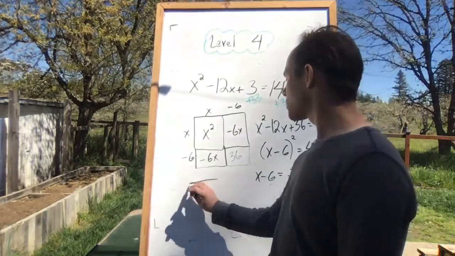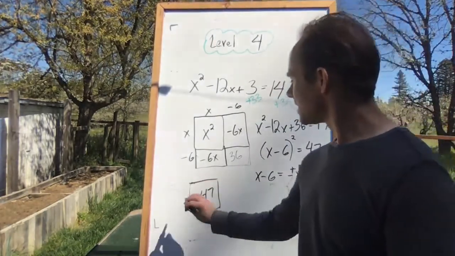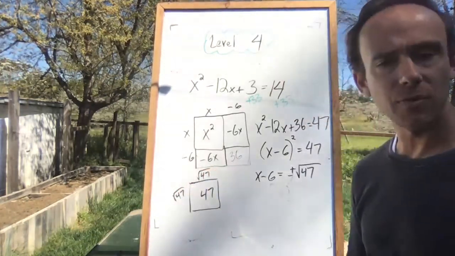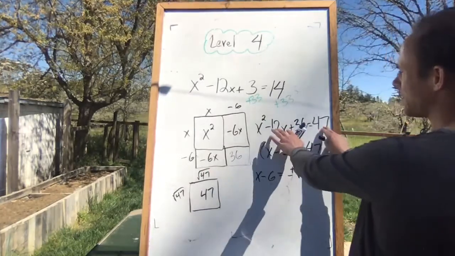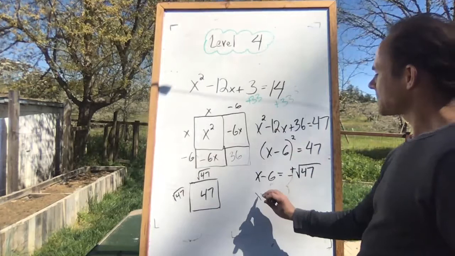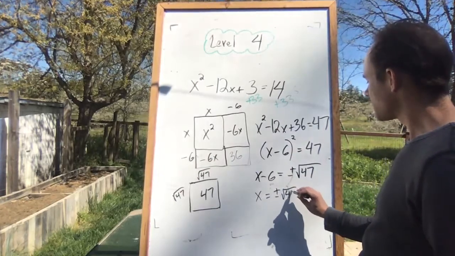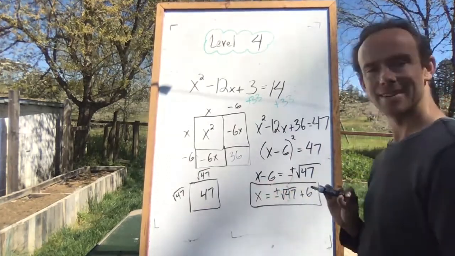Because if you have a square whose area is 47, the only way you can nail that exactly is by doing the square root of 47 by the square root of 47. All right, and we know that I'm going to add 6 to the equation, so plus or minus square root of 47 plus 6.